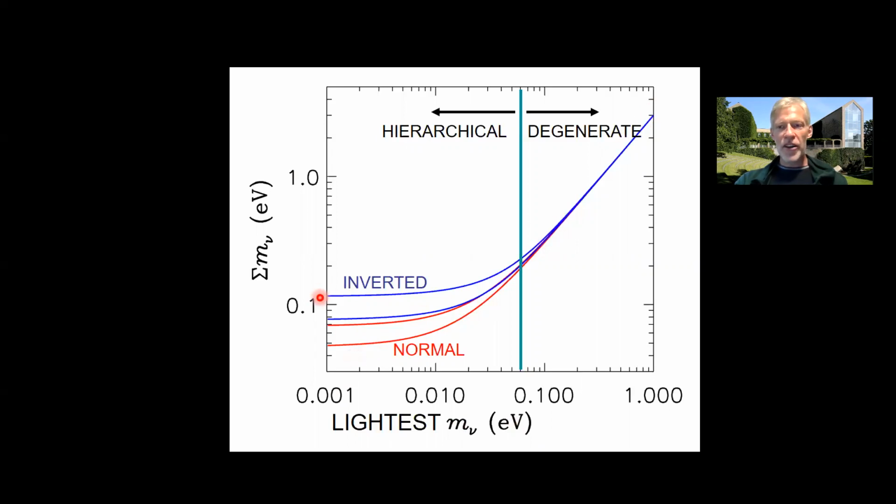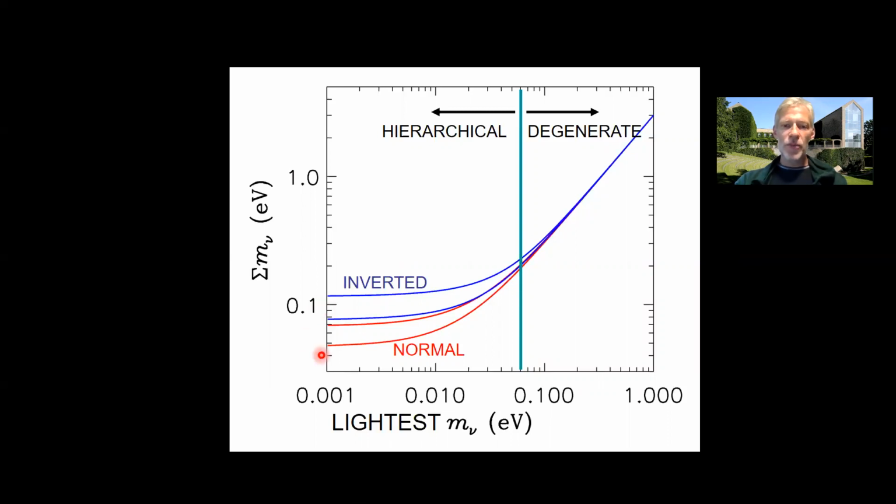And for the inverted hierarchy, where you have two massive states and one light state, you can never go much below 0.1 electron volt. And that's already constrained from oscillation data, in the sense that we know there's a mass difference corresponding to something like 0.05 electron volts. And that means you need to have two neutrinos in that mass range. That leaves you up here.